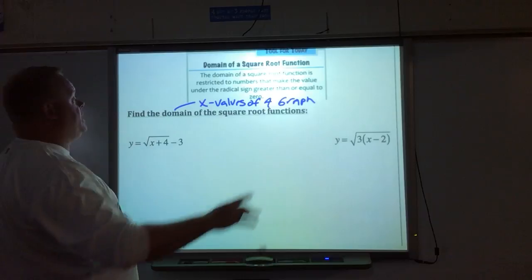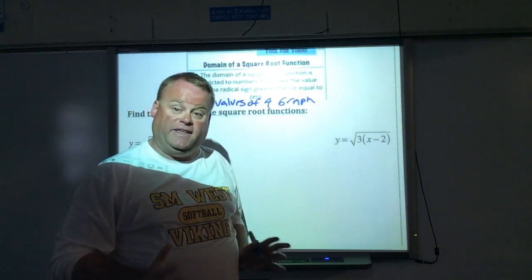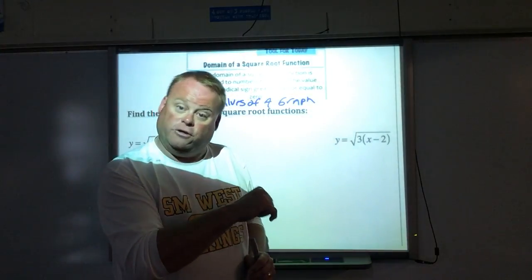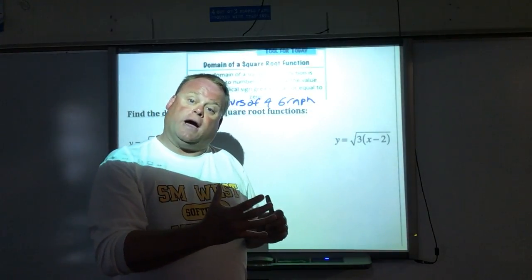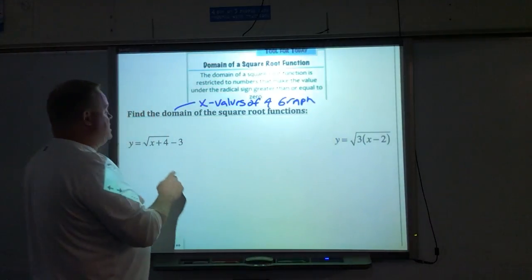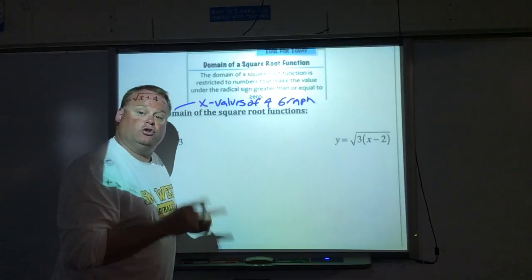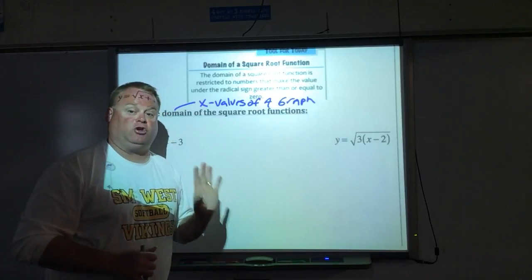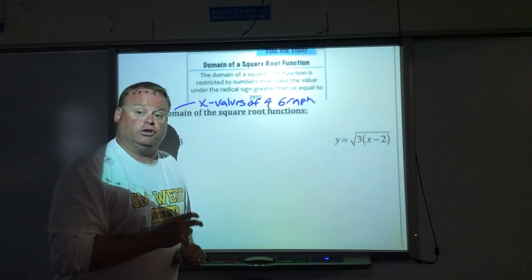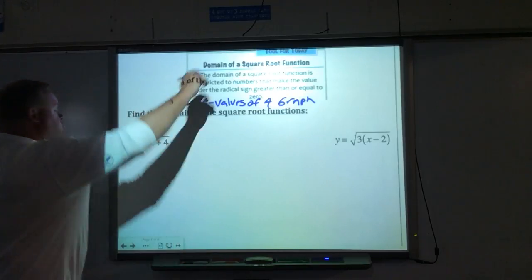So to find the domain, which means the x values of the graph, my input values of this function, I take what's underneath and set it equal to 0, because remember it needs to be greater than or equal to 0.